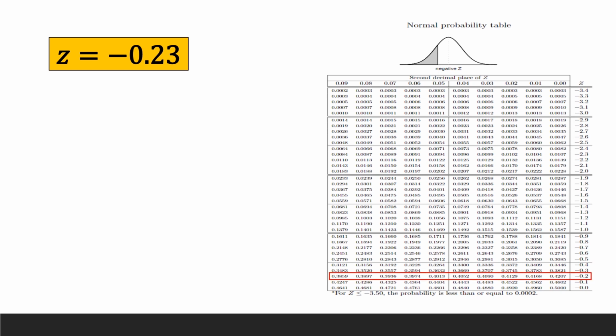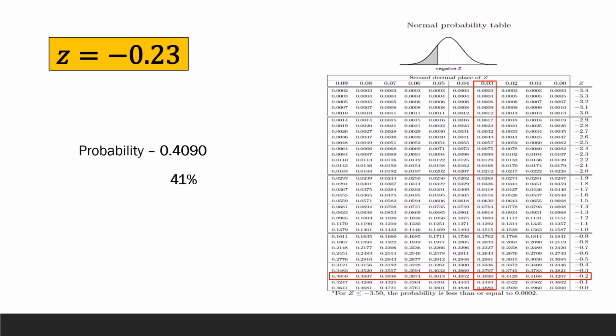The first rectangle in red shows us the first decimal place of the z-score, which is negative 0.2. The second red rectangle shows us the second decimal place, which is 0.03. The point of intersection gives us a value of 0.409. This means that 41% of the data lies below the z-score of negative 0.23.